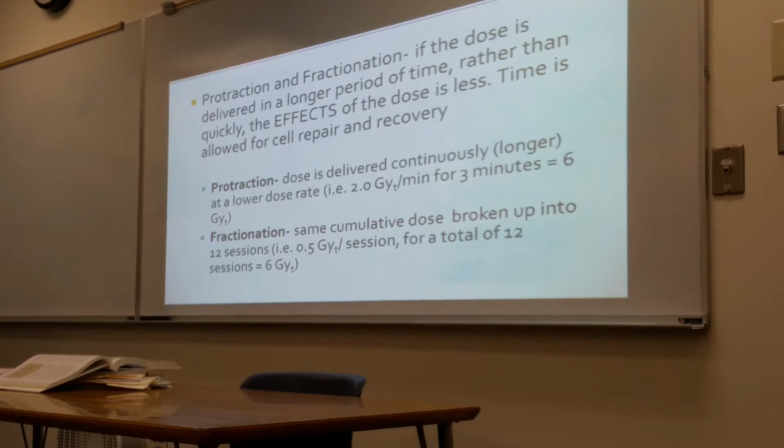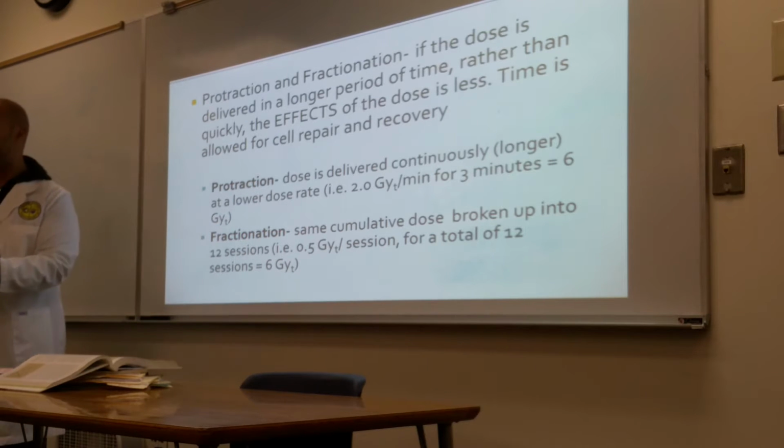Whereas if you deliver it in stages, like most radiation therapy treatments, when you go in for a treatment, you are there for 5 days straight. But in between those treatments, you have a break, and your body gets a chance to recover. When you're having radiation therapy, not only are you killing cancer cells, but you're also killing what? Good, healthy cells. So we want those healthy cells to recover while we're trying to treat the cancer.